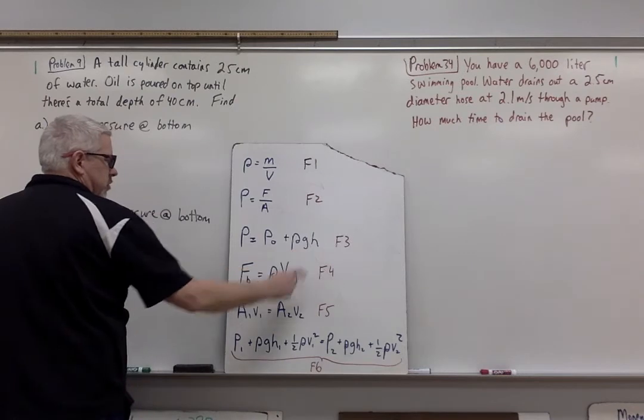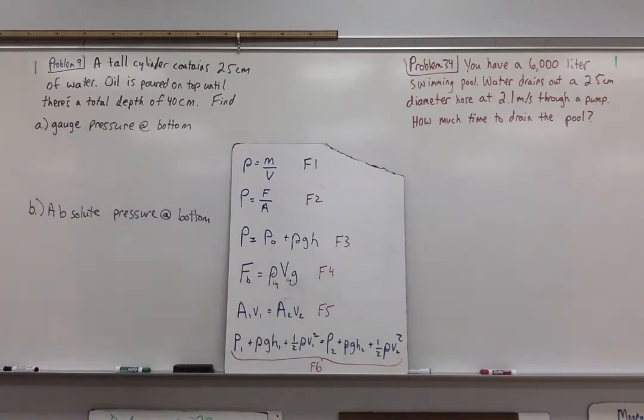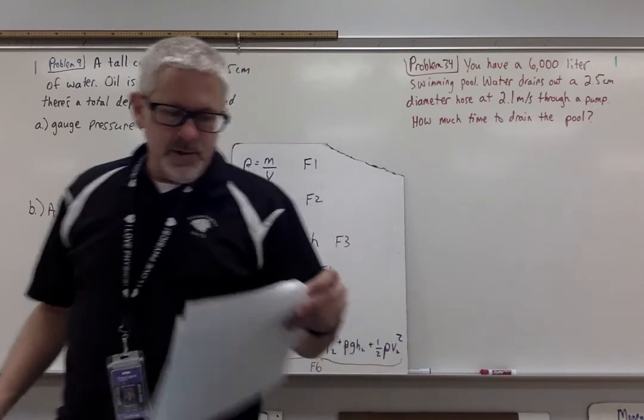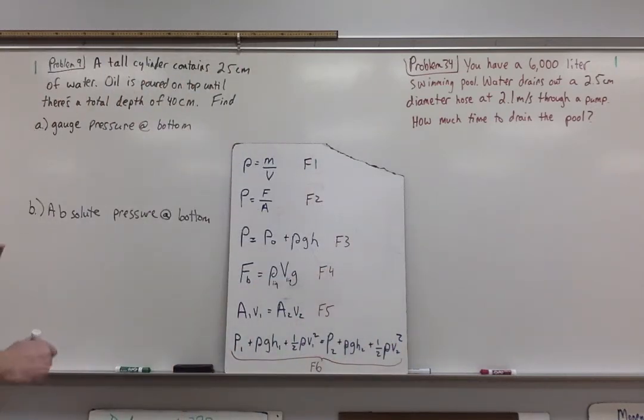Well, because we've got 2 different fluids here at different depths, we're going to have to think about finding the gauge pressure, which is basically caused by those particular fluids, in pieces. Now, in order to do this, we need to know the densities of those materials.